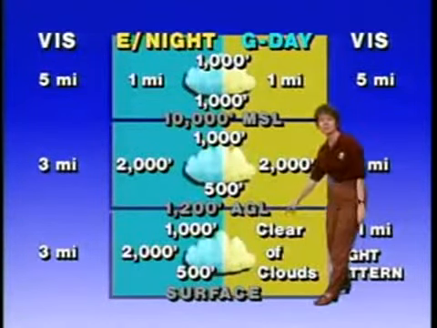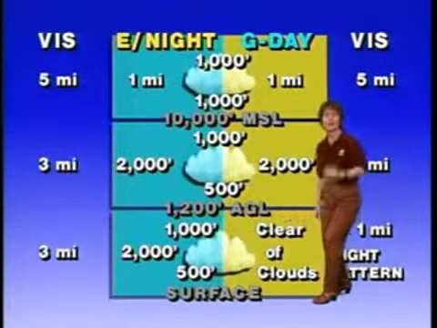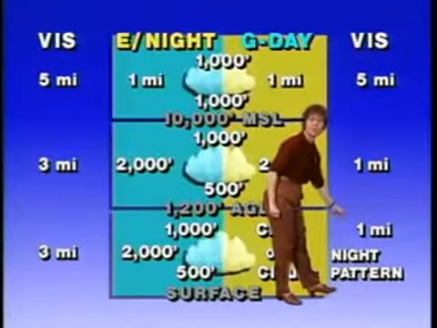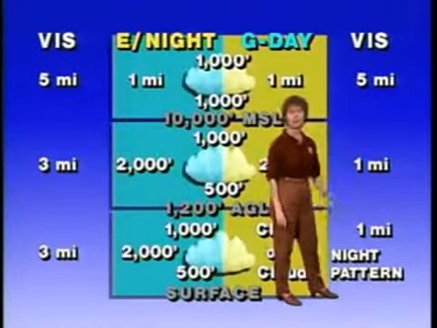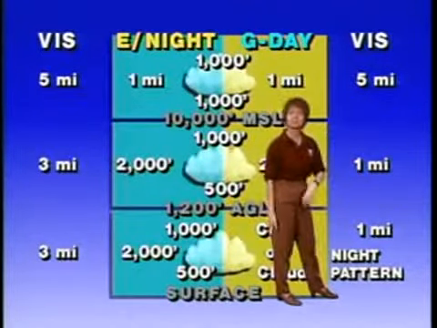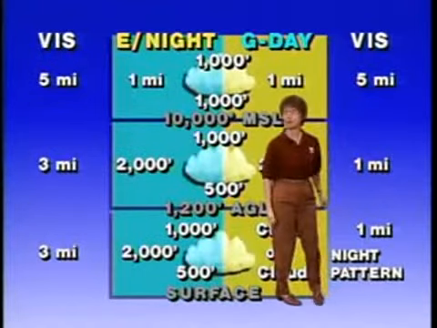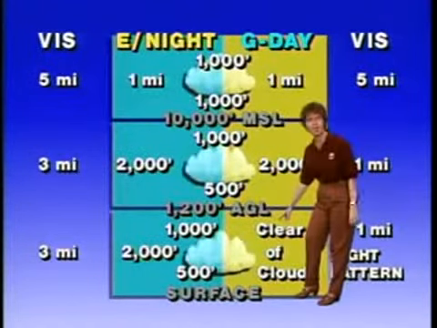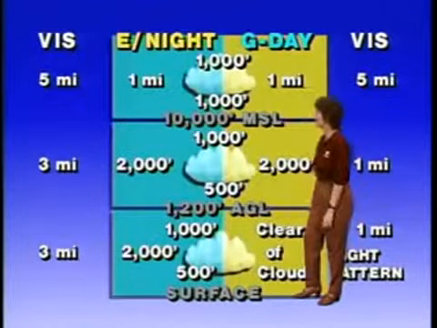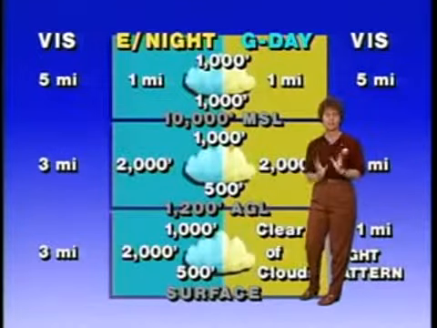All you have to do in terms of clouds is maintain clear of clouds, and your visibility requirement is only 1 statute mile for fixed-wing aircraft. For helicopters, you don't even have to worry about that as long as you don't hit anything, but 1 statute mile for fixed-wing aircraft and clear of clouds, as long as you stay at or below 1,200 feet AGL in Class G uncontrolled airspace in the daytime.